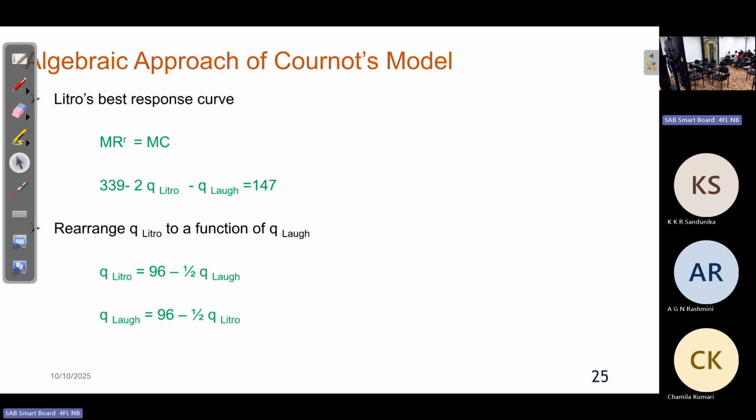Then we get 339 Q2 minus Q1 Q2 minus Q2 squared. This is the total revenue of firm 2. Then we differentiate it with respect to Q2, and we get 339 minus Q1 minus 2Q2.